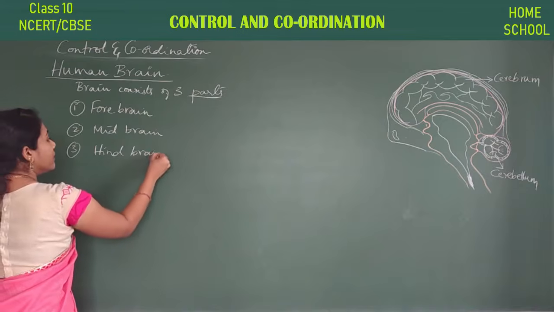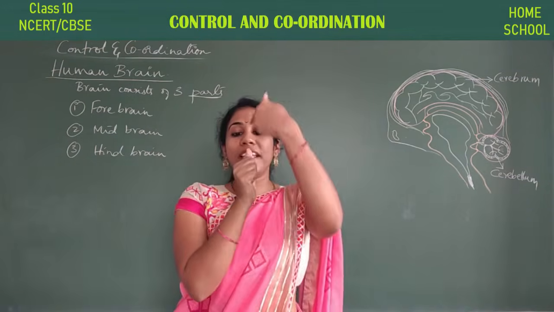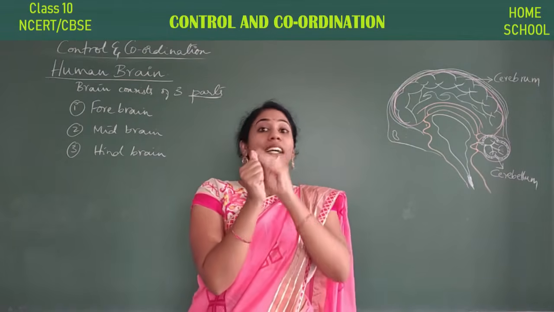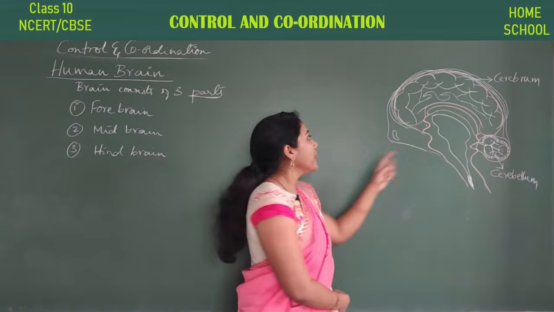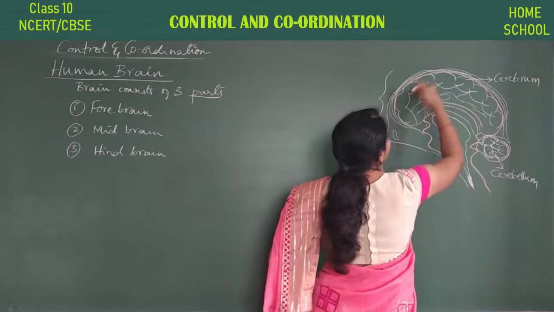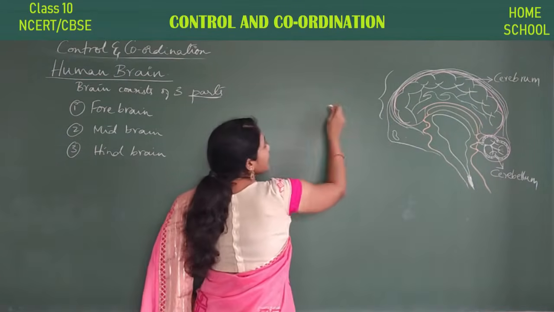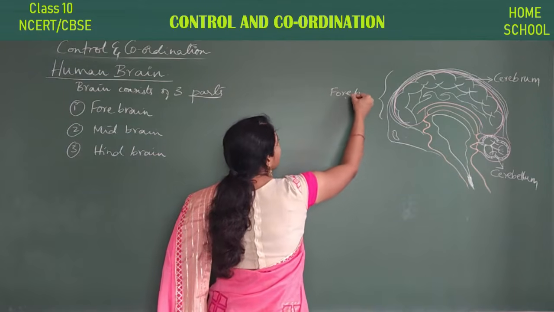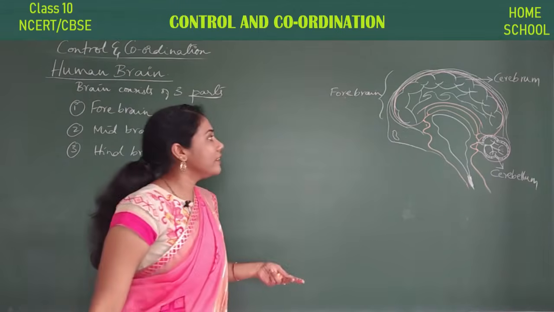Hindbrain. Okay, say for example, if this is your brain, if I cut this part, that inside part is what I have drawn. Okay, so in that, and this portion is there, no, this portion, cerebellum, full this area is called cerebrum. Okay, so this cerebrum is called as forebrain, front side of the brain. Okay, fore in the sense what, front, right?